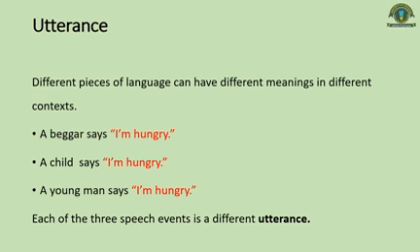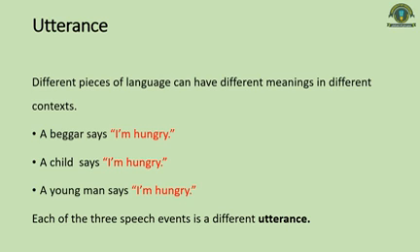Students, there are different ways to mark an utterance, but an utterance is written mostly with quotation marks. And each utterance contains the same sentence. In books you will find that sentences are mostly written in italics.